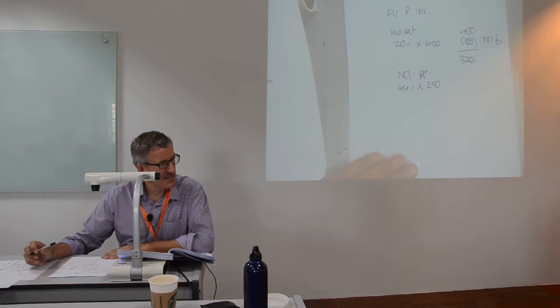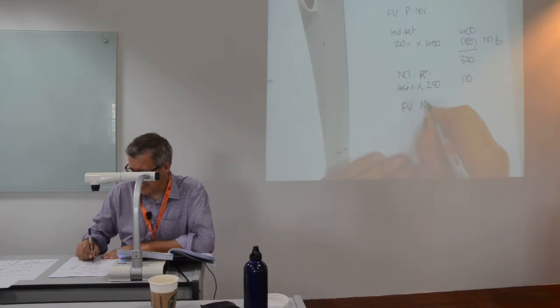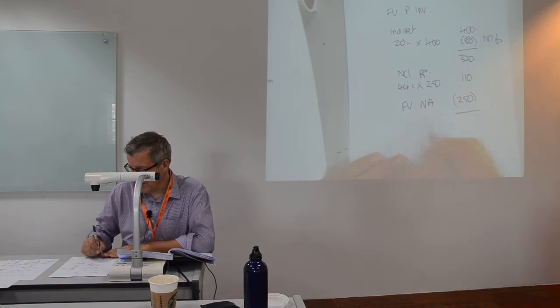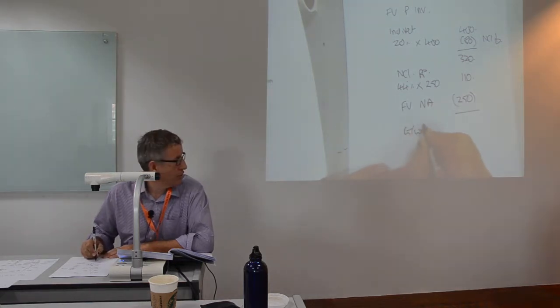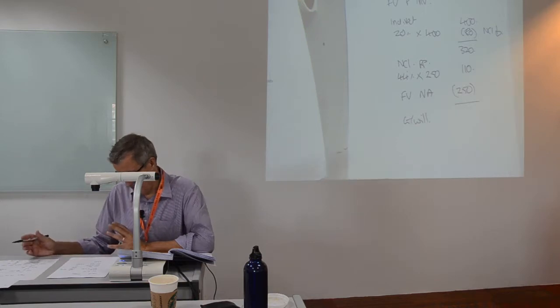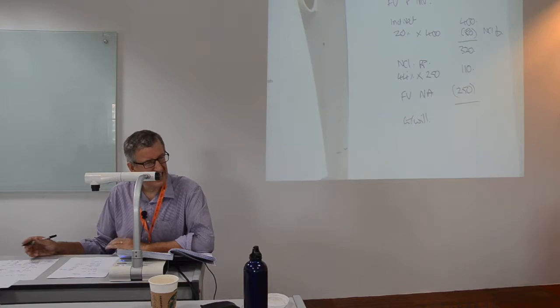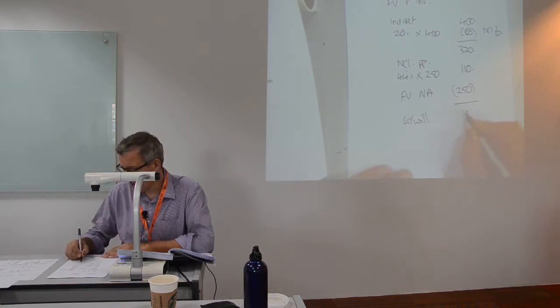So what is that, 110? Yeah? And then the fair value of the net assets at the date of acquisition is 250. So this gives you your goodwill figure of 430 minus 250, that gives you a goodwill figure of 180.